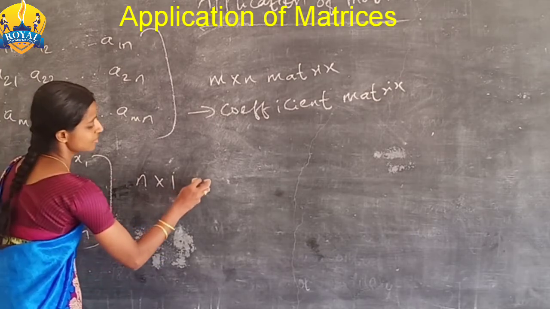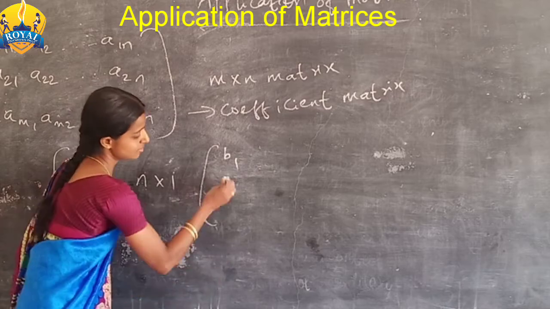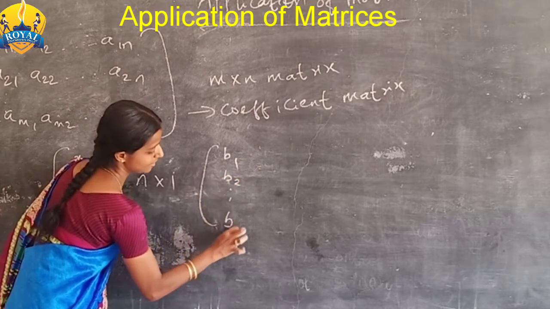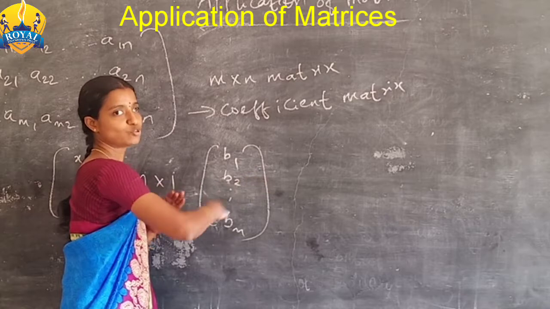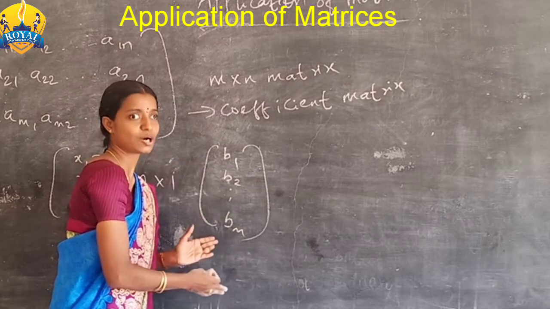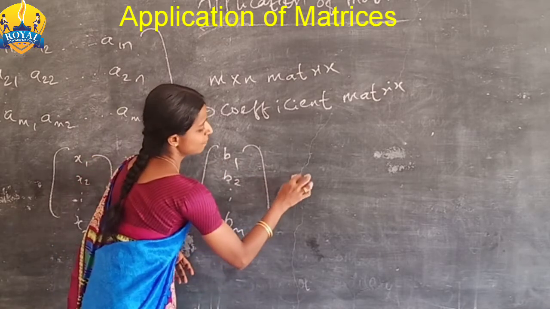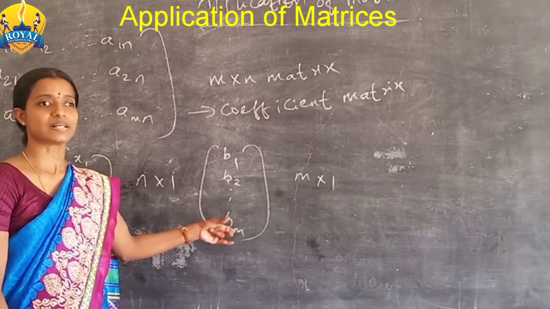The third thing is the right hand side constants b1, b2, etc. bm. Since I have many rows but only one column, this becomes a column matrix. So here my order is m cross 1. This is the constant matrix.